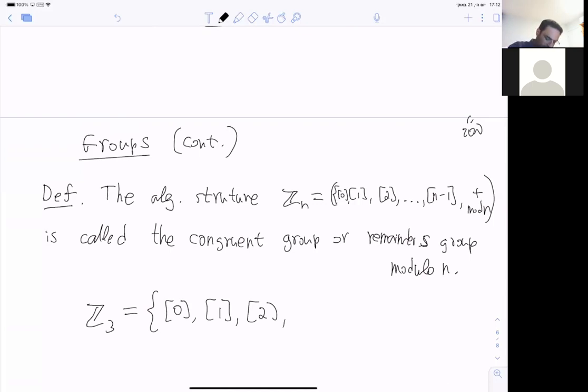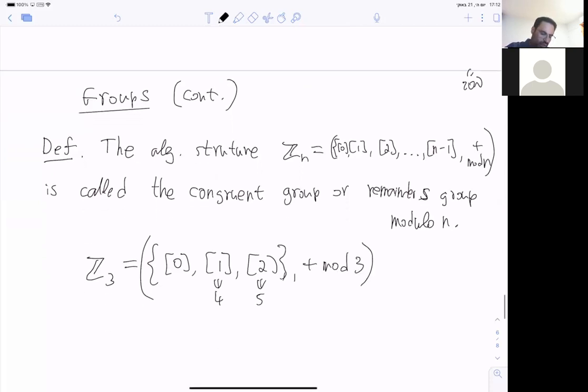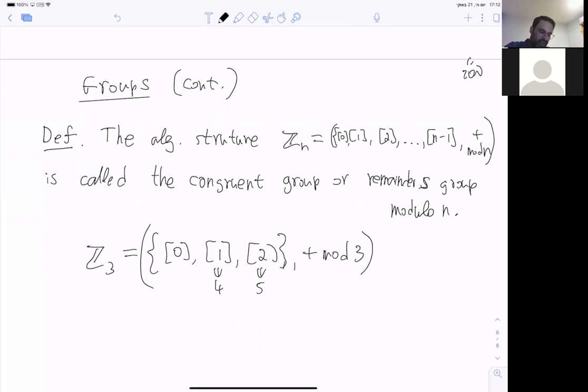So 5 is also here, and 4 is here. Any class here contains infinitely many numbers. So this group has only 3 elements, but each element is an infinite set of numbers.